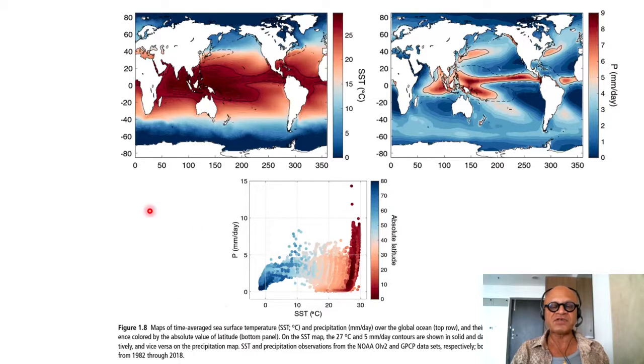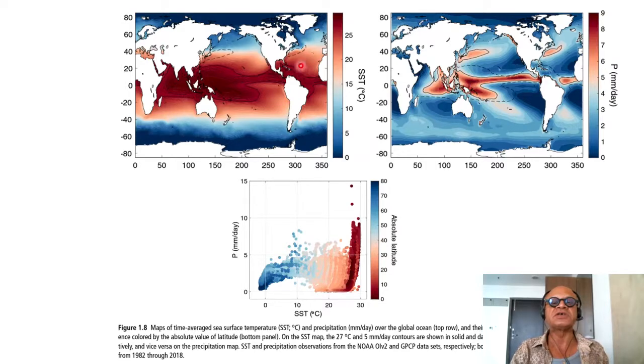Maps of time average sea surface temperature and precipitation over the global ocean are shown in these two plots, and their correspondence, colored by absolute value of latitude, in the bottom panel. Here the 27-degree sea isotherm and 5 millimeter per day are shown in solid and dashed contours respectively.